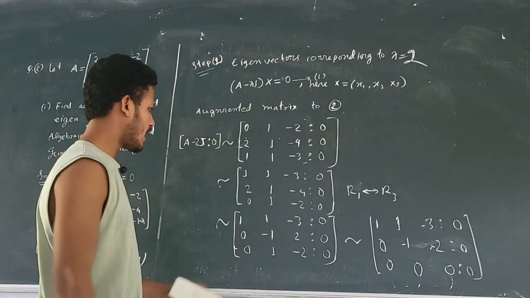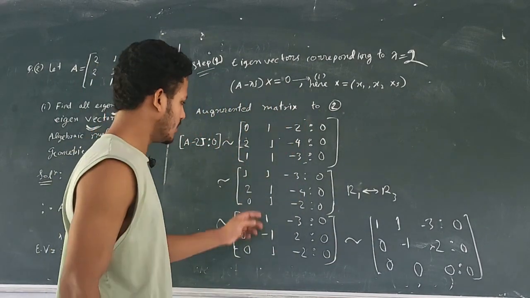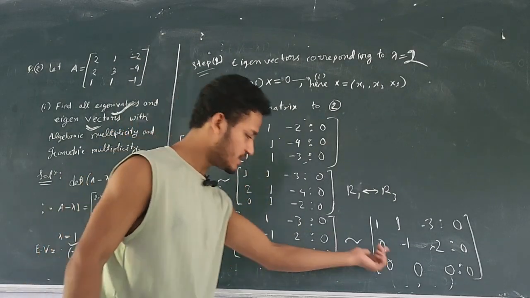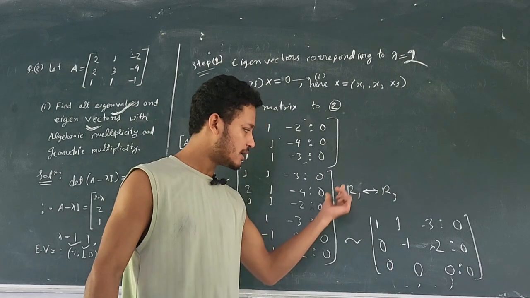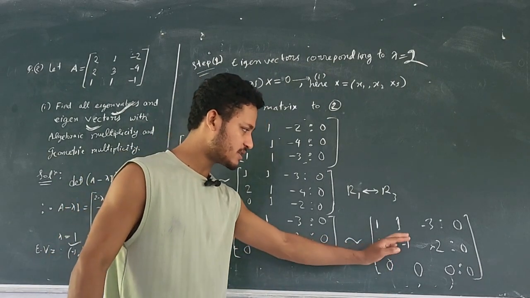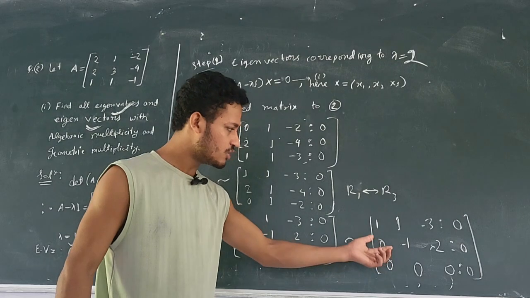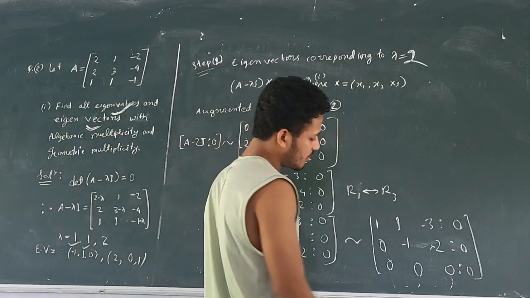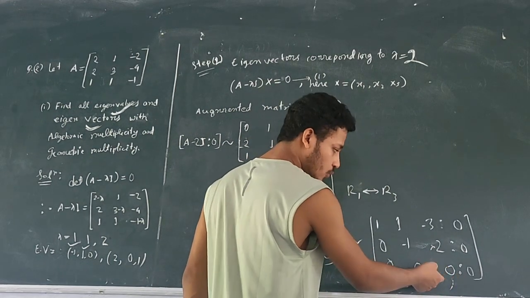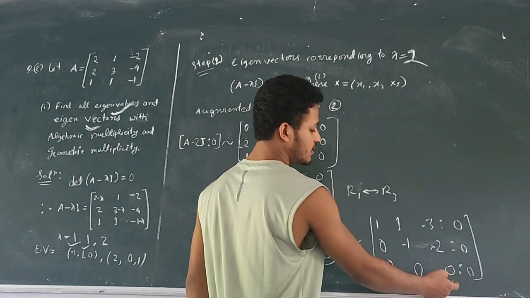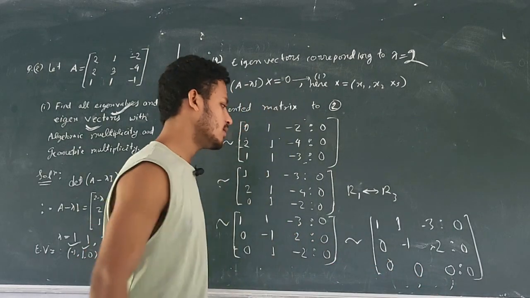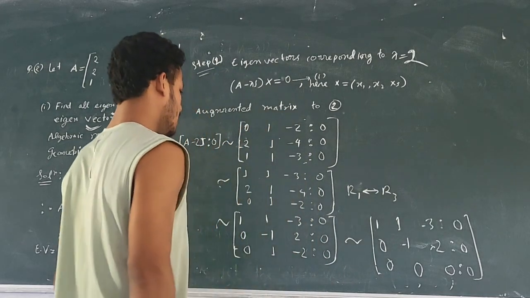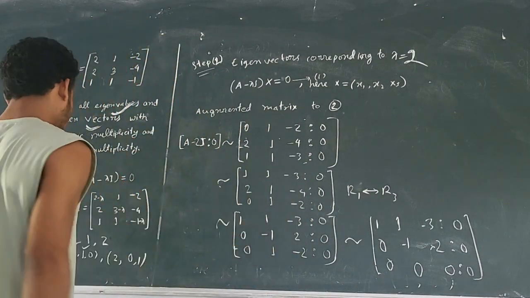If I am not doing it well, you can perform the row operations by yourself and check whether it is the right augmented matrix and the reduced row matrix. Then x3 will be the free variable here. I hope you will do the remaining part by yourself.